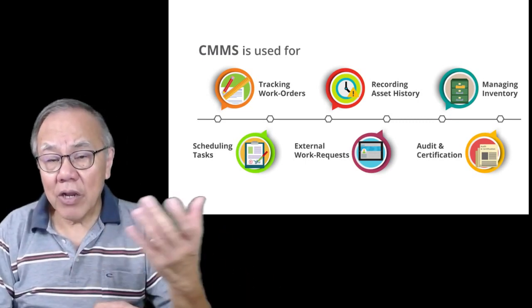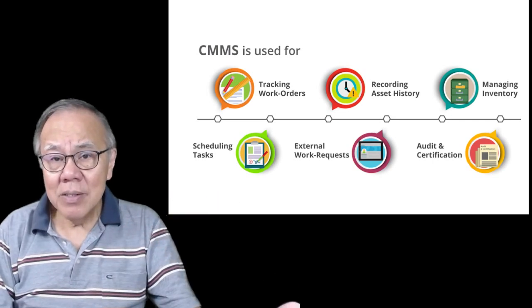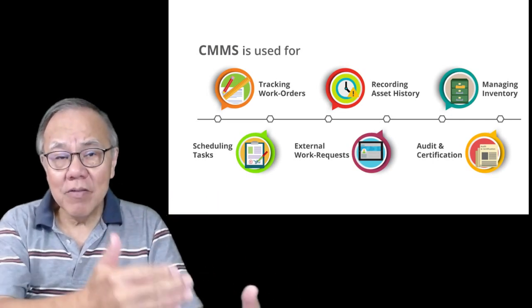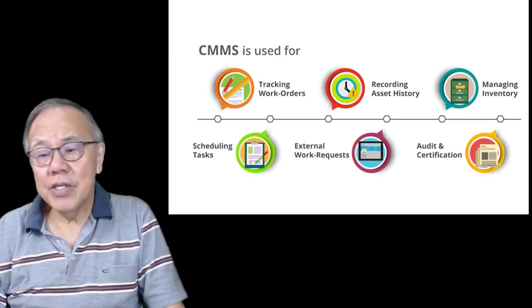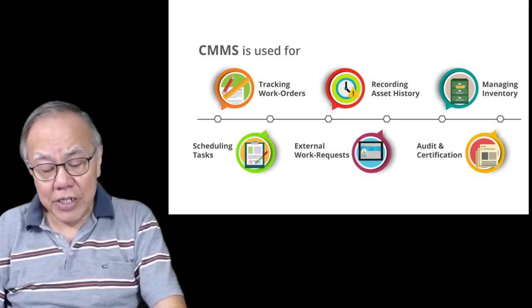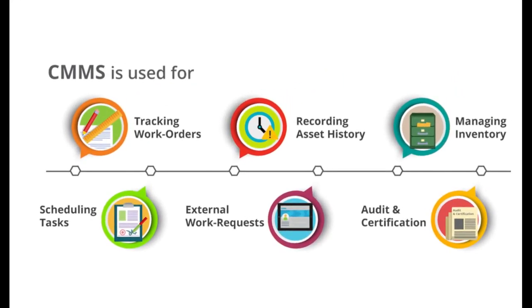You can record your asset history, so you can just pull out and find out what has been happening to this machine over the last 5 to 10 years. You can manage inventory, which is basically spare part management, and also scheduling tasks.